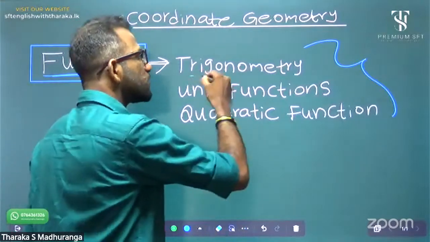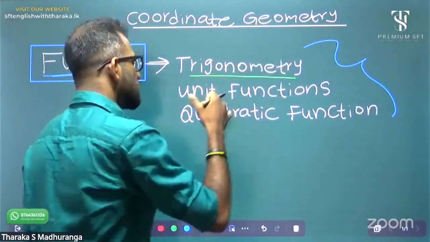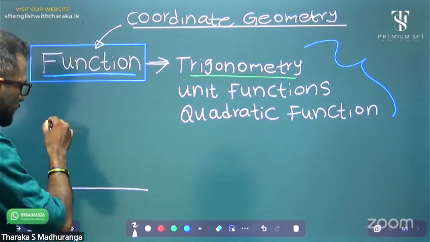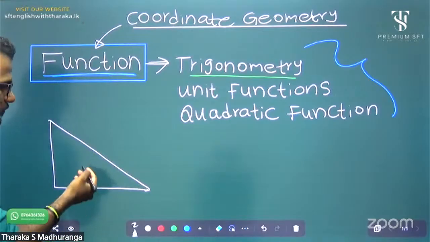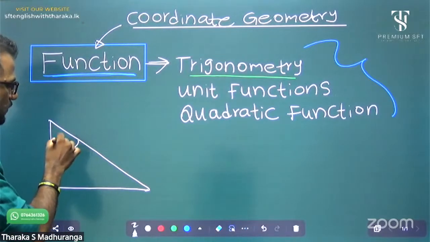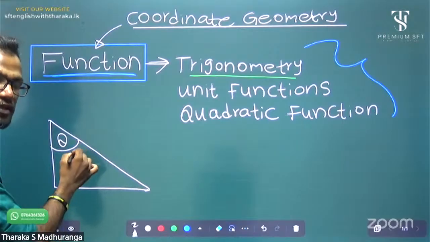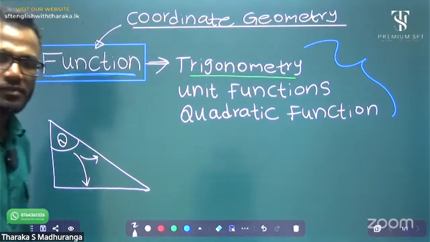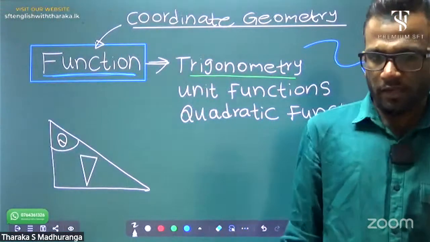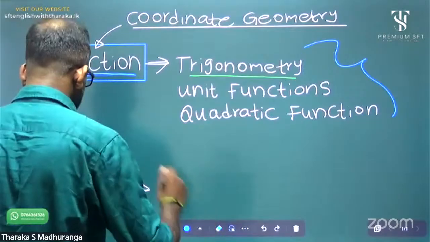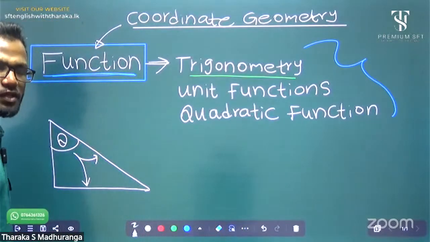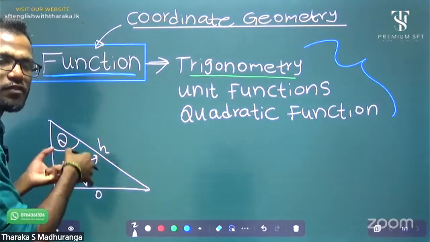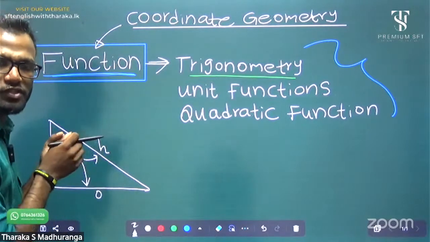You already know trigonometric functions. In trigonometric functions, we discuss the relationship between the sides of a triangle, right? If you take sine of theta, it is the relationship between opposite and hypotenuse. That's the meaning of the sine trigonometric function.